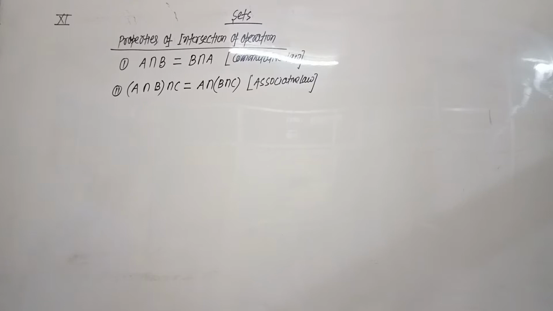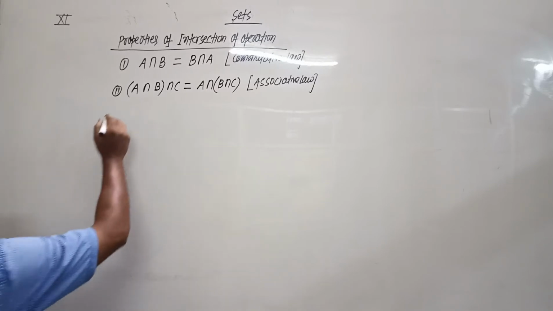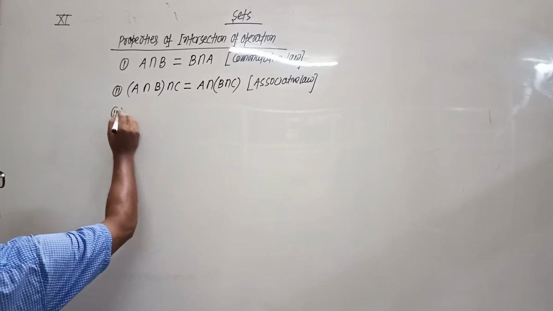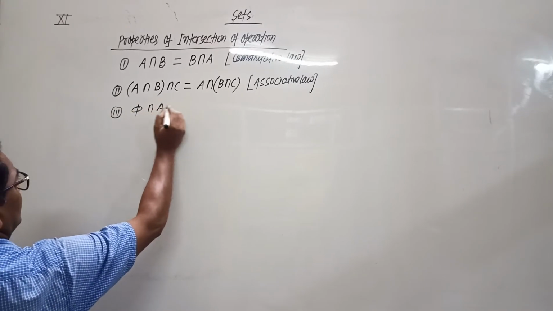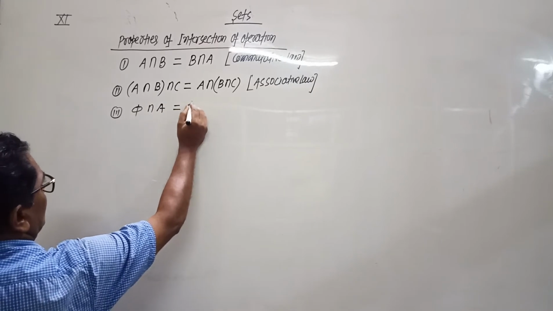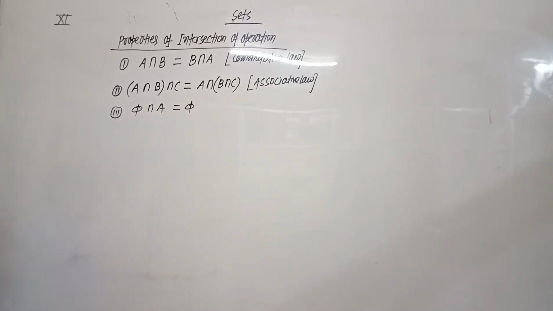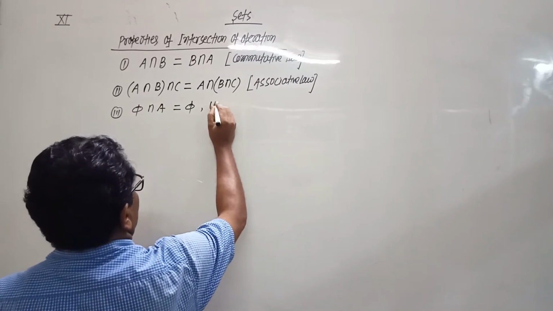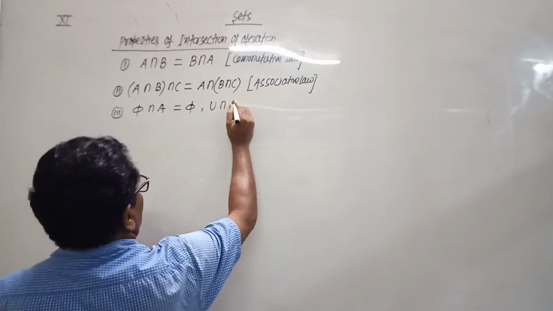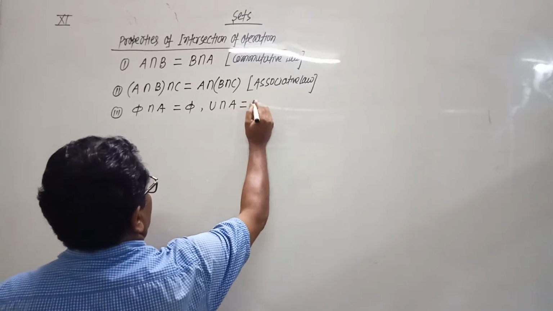Third is phi intersection A equals phi. And U intersection A equals A. U means universal set.